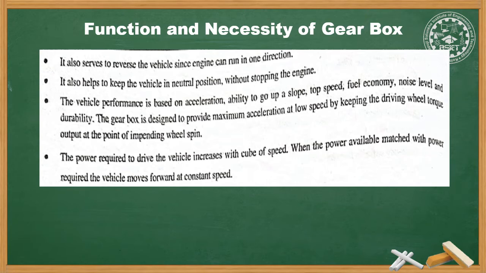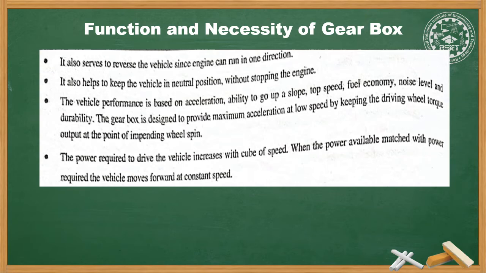The vehicle performance is based on acceleration, ability to go up a slope, top speed, fuel economy, noise level, and durability. The gearbox is designed to provide maximum acceleration at low speed by keeping driving wheel torque output at the point of impending wheel spin. The power required to drive a vehicle increases with the cube of speed.